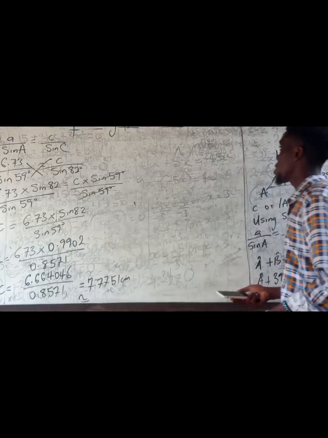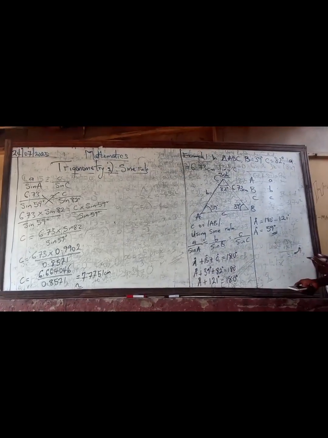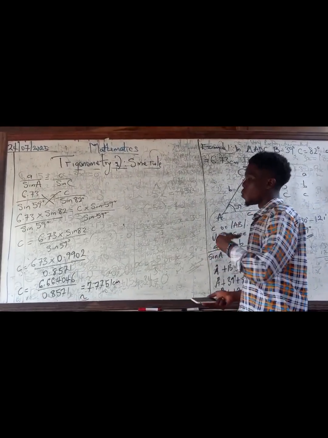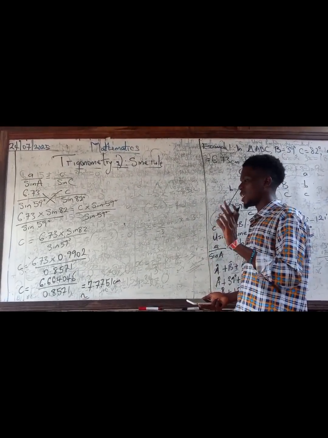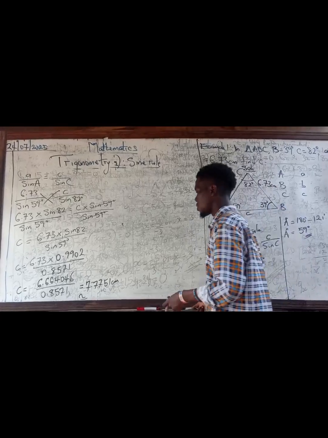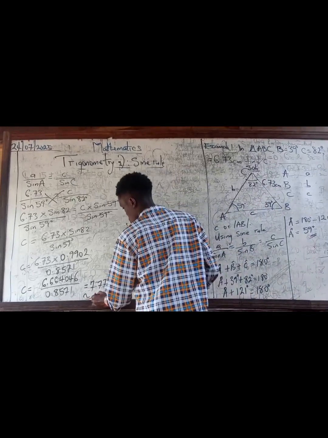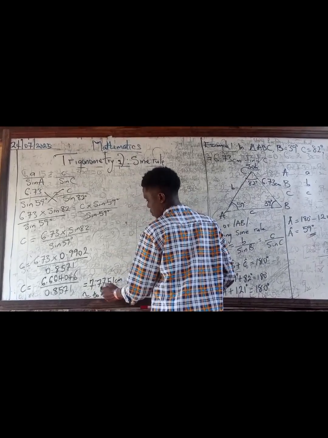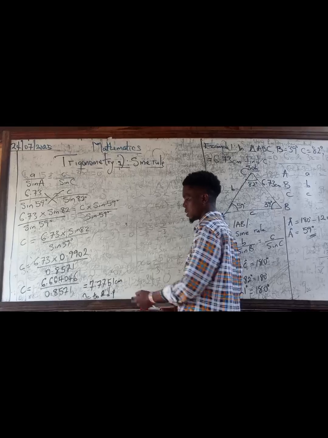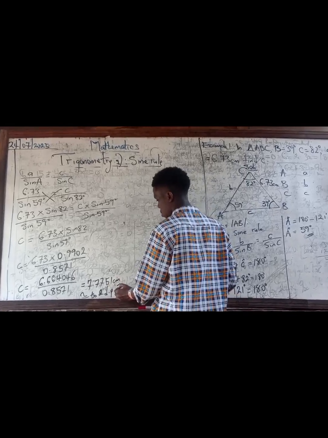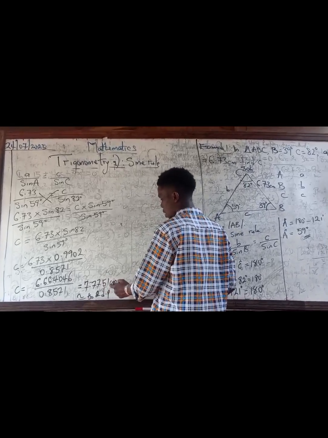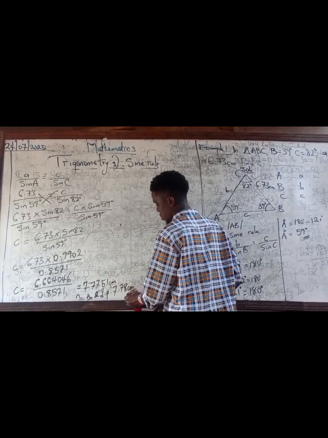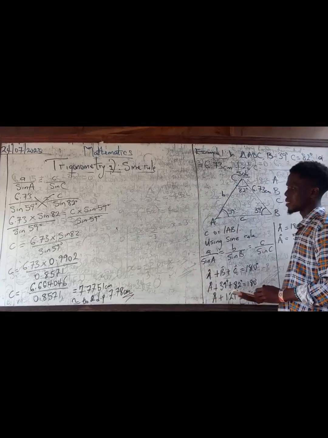If in the question we're not asked to convert to any decimal place, most times what we normally do is either leave it or convert it to 2 decimal places. So to 2 decimal places, we round this up, and this is 7.78 centimeters. So that is length C.